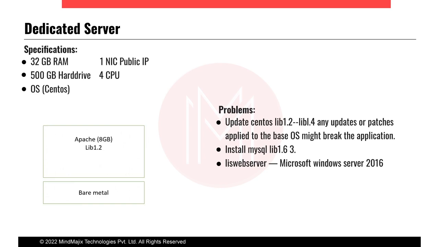The major drawback of this process is that any updates or patches applied to your OS, that is your base OS, might break the application. There is a chance that your application can go down. For example, if you are updating your CentOS, as of now Apache is using a library of 1.2.